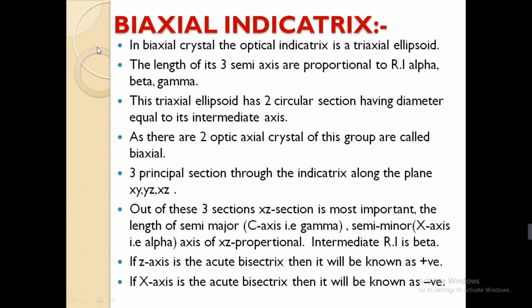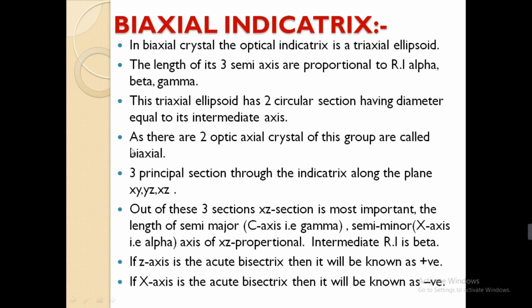Now, the biaxial indicatrix. In a biaxial crystal, the optical indicatrix is a triaxial ellipsoid. The lengths of its three semi-axes are proportional to the refractive indices alpha, which represents the x-axis, beta, which represents the y-axis, and gamma, which represents the z-axis. This triaxial ellipsoid has two circular sections having diameter equal to the intermediate axis.